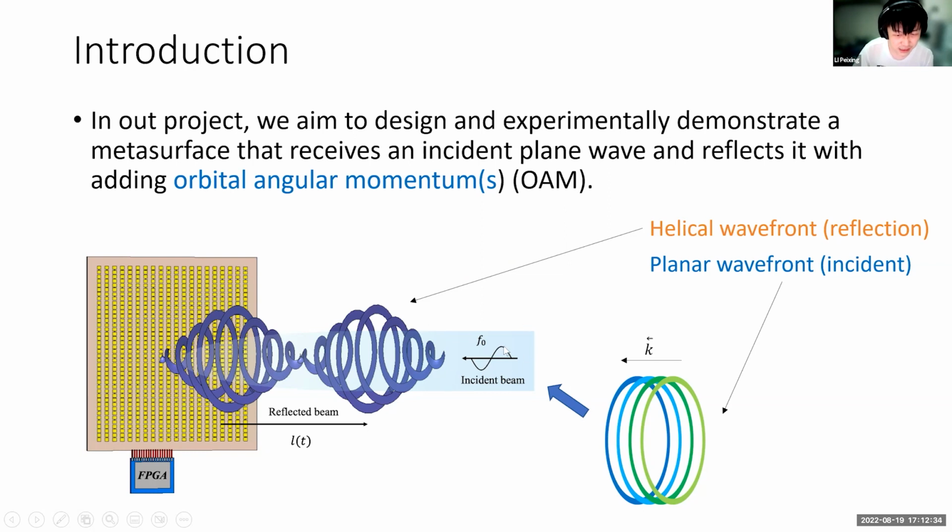As the pictures illustrate here, the incident wave has a planar wavefront, or sometimes a spherical wave, which means the wavefront is the surface of a sphere, but the reflected wave carries a helical wavefront, as you will see in the pictures here. It has a spiral pattern in cross section and a helical wavefront.